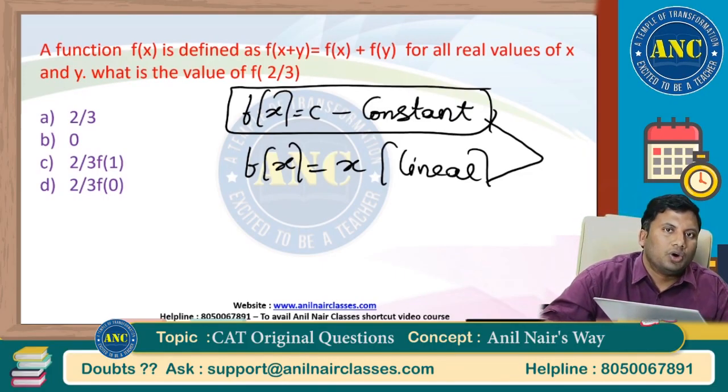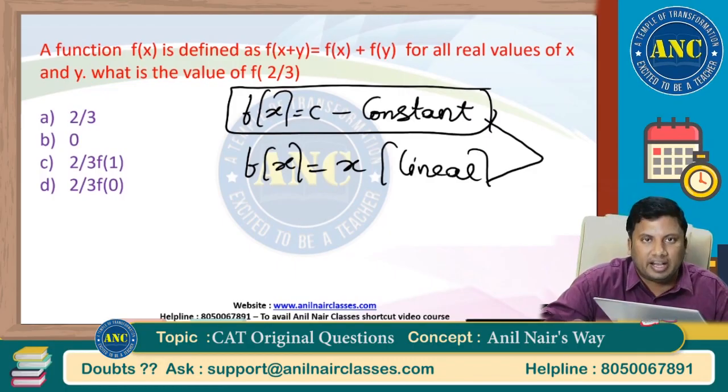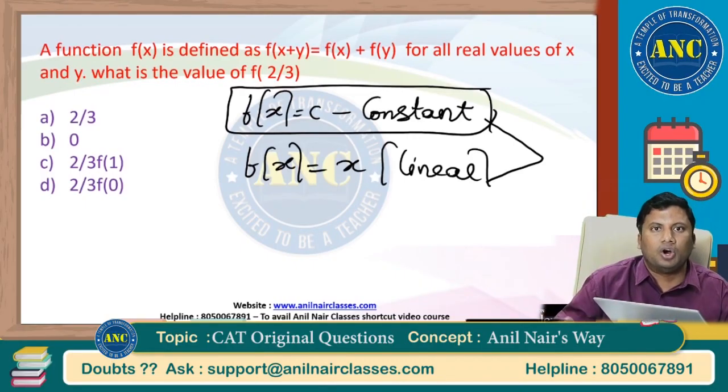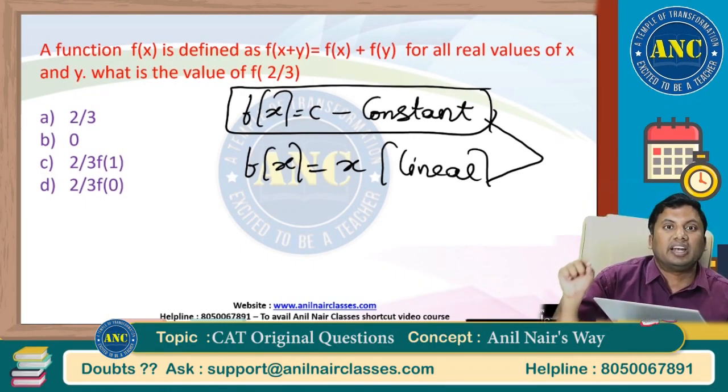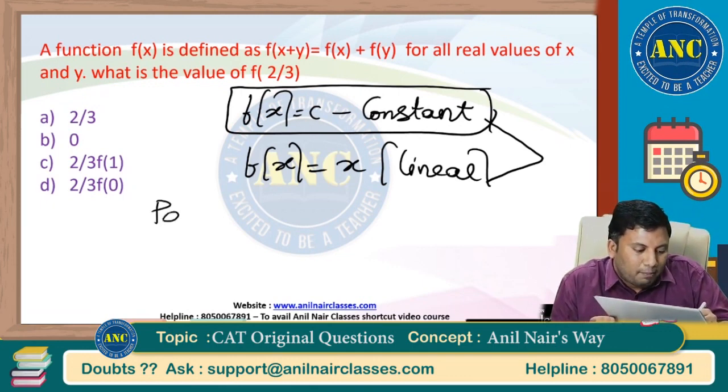There is a difference between a constant function and a linear function. A constant function has degree 0. A linear function has degree 1. There is a difference of polynomial degree.